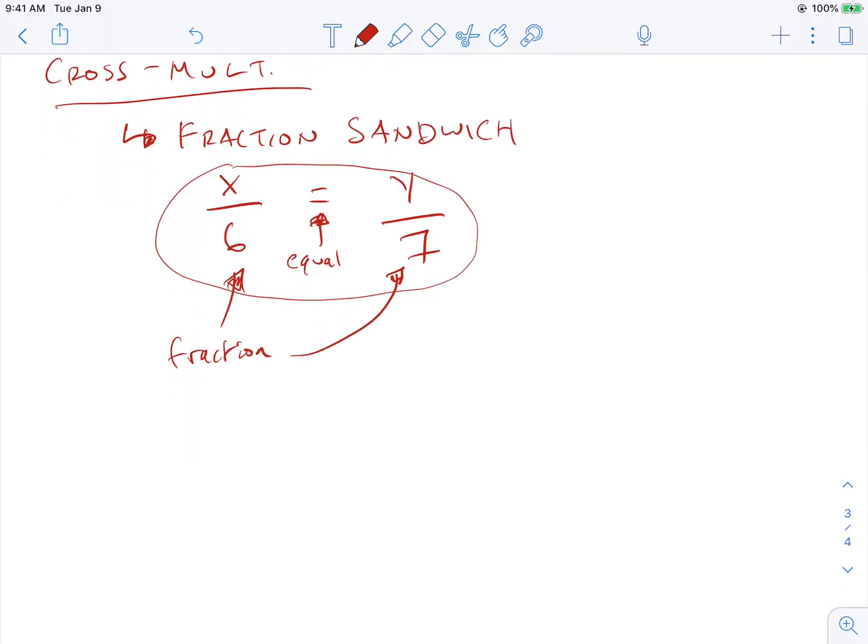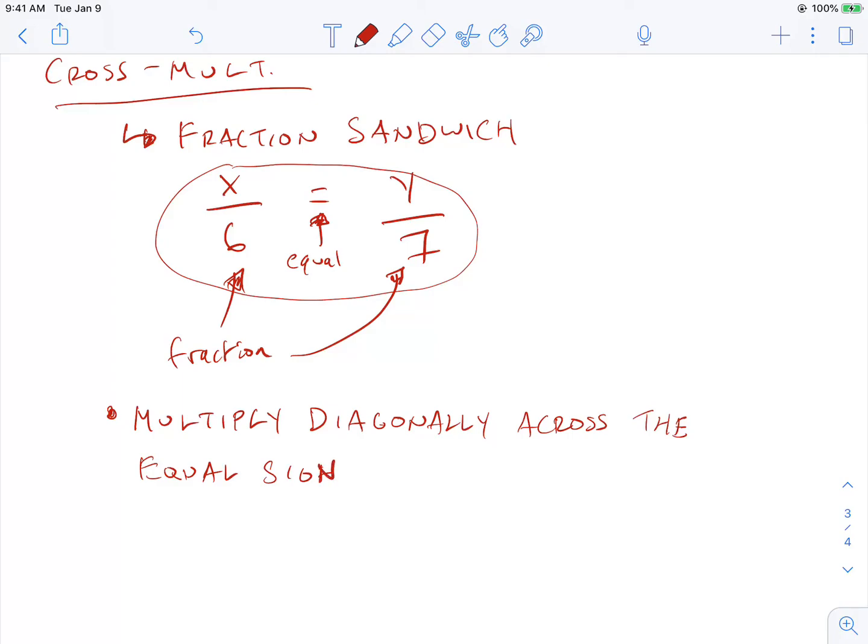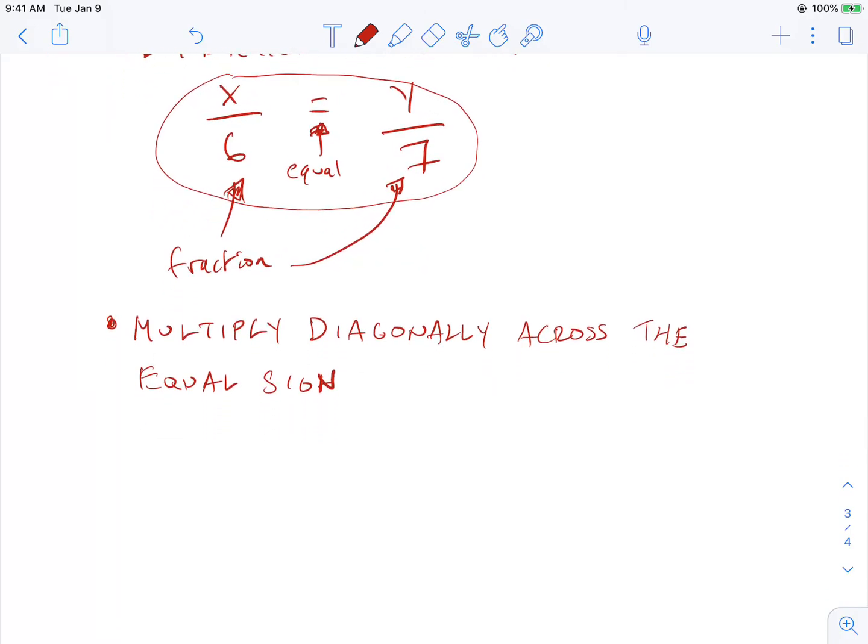So here are the rules. You can multiply diagonally across the equal sign. If you remember this, it will help you in so many ways moving forward in math. So what I mean by that is, let me show you right now.